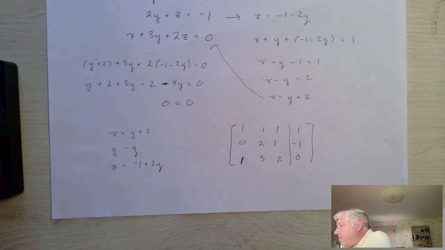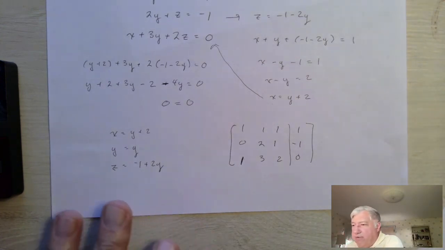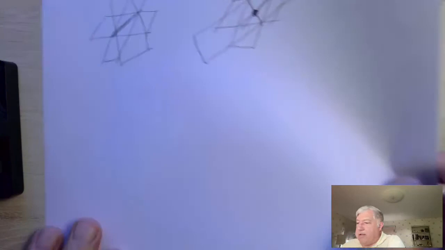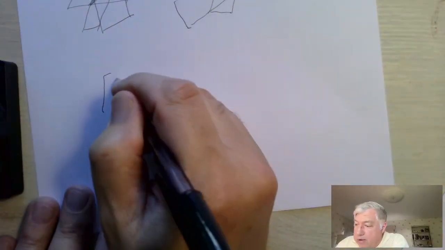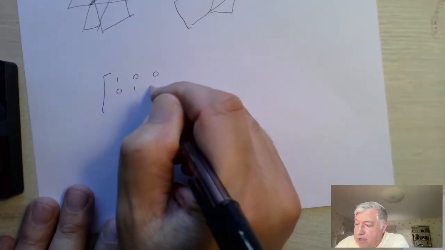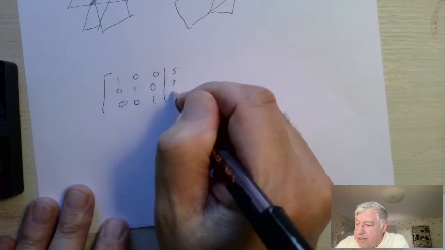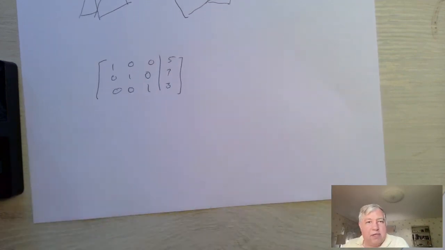But the thing here, obviously, is we would love our augmented matrix to be as nice as possible. In fact, we would love it if our augmented matrix was something like 1, 0, 0, 0, 1, 0, 0, 0, 1, with 5, 7, 3, something like that. Because in that case, we can basically read off our solutions.